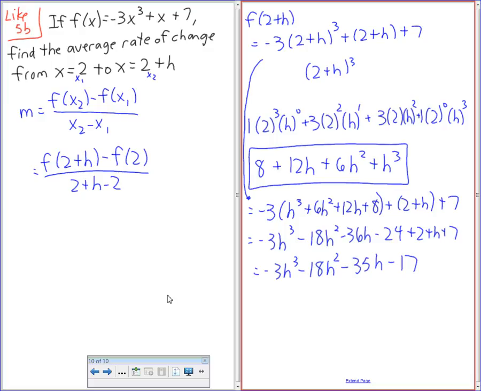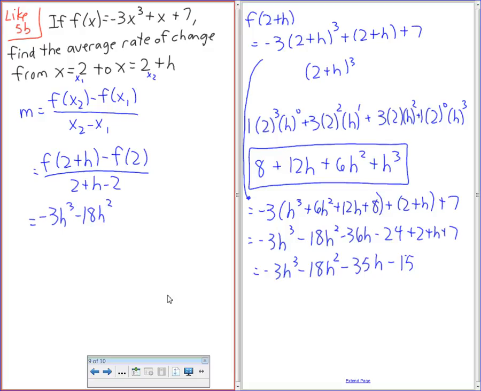Actually, I missed that plus 2, sorry about that. So this equals negative 3h cubed minus 18h squared minus 35h minus 15. Hopefully this equals positive 15 if we can be lucky. So it should be 2 cubed is 8 times negative 3 is negative 24 plus 2 is negative 22 plus 7 is negative 15. So it's going to be minus negative 15.